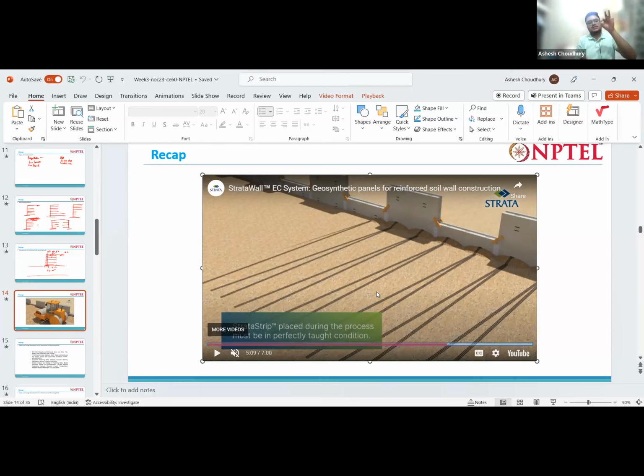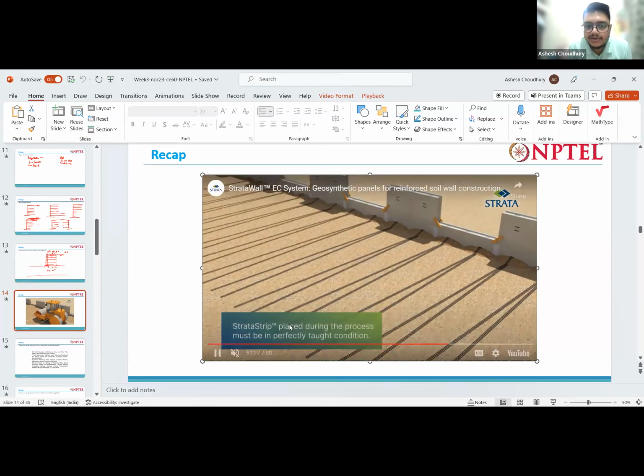Imagine this is the gap in the geogrid. The geogrid goes inside, and in that hole you put one rod, and that rod holds the geosynthetic material in position.